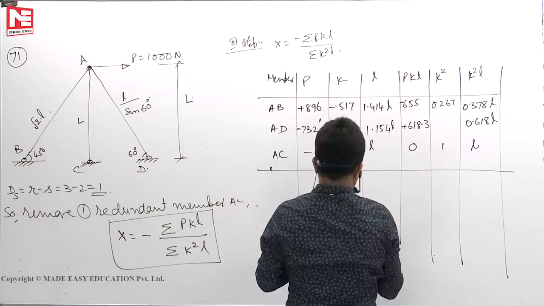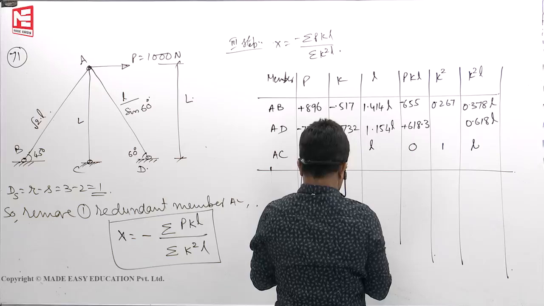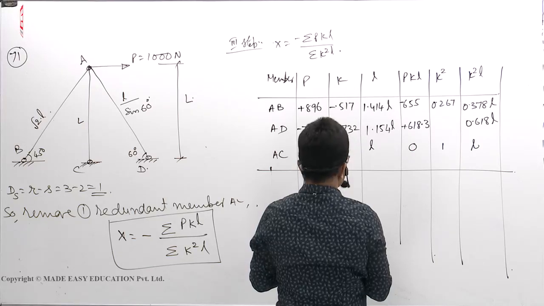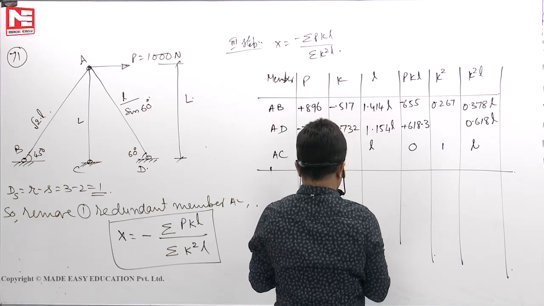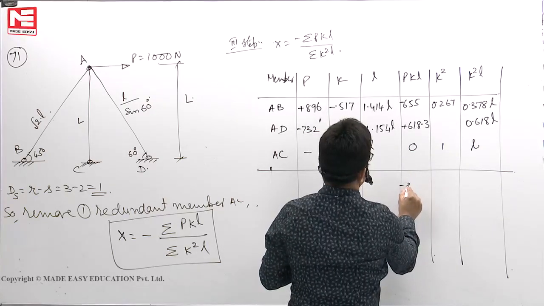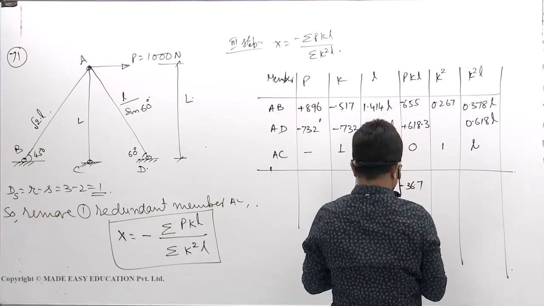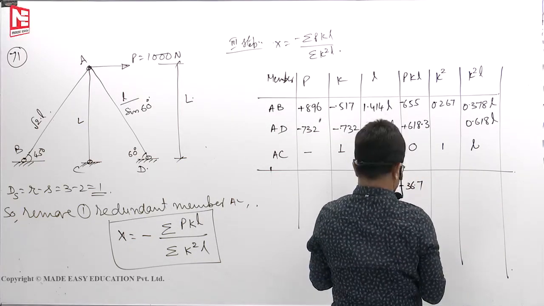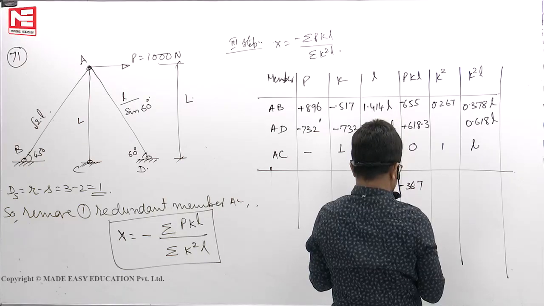So PKL means you will get it as 655 minus 618, 36.7 minus 36.7. K square L, 0.378 plus 0.618.